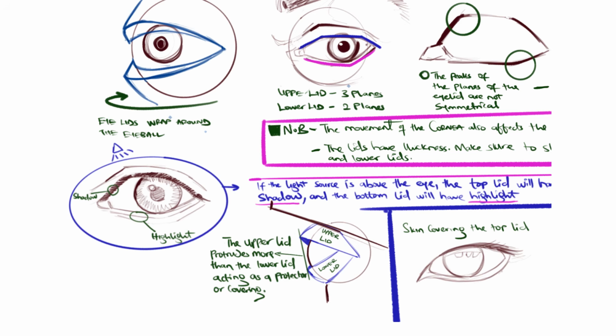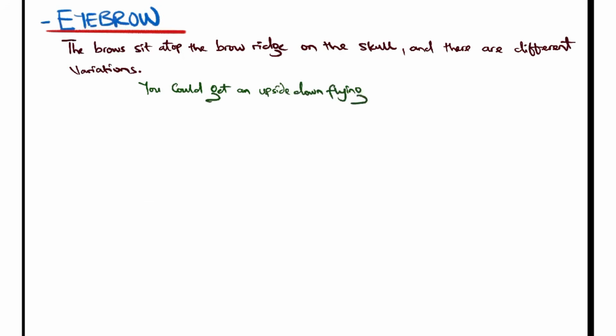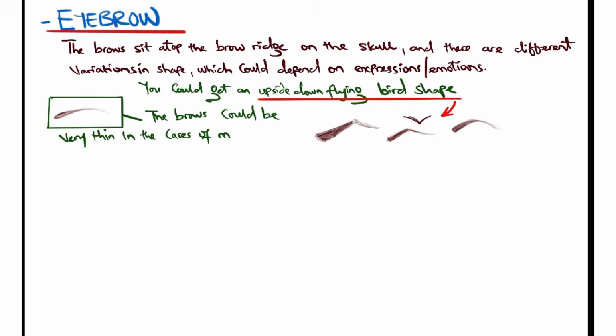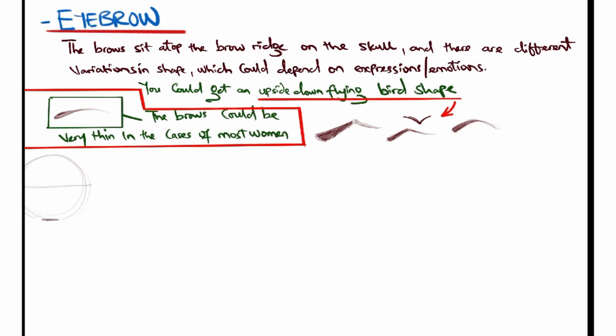The eyebrow sits on top of the brow ridge on the skull, and there are different variations in shape, and it's usually dependent on expression or the emotions controlled by the muscles around the eye. So the muscles around the eye affect the shape of the eyebrows, and not just the eyebrows but the shape of the face, and it helps to convey emotion and expression.